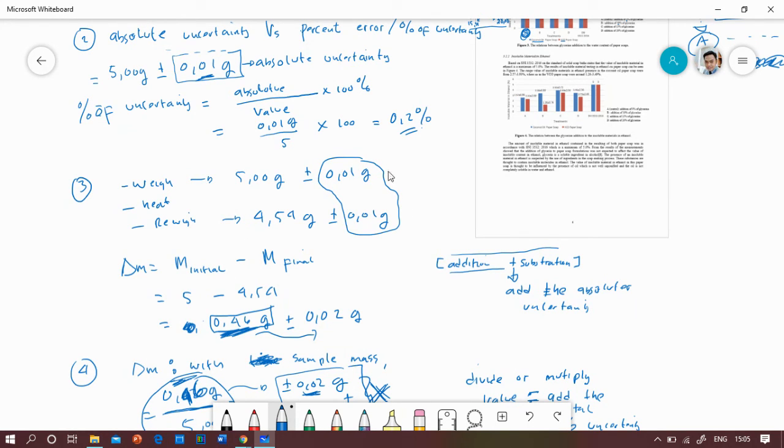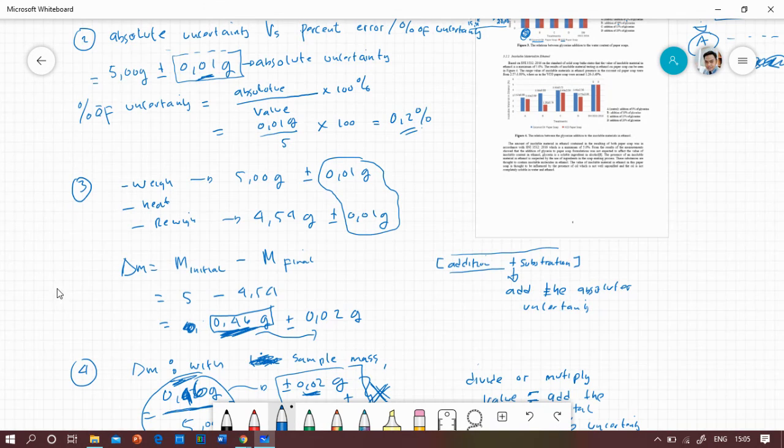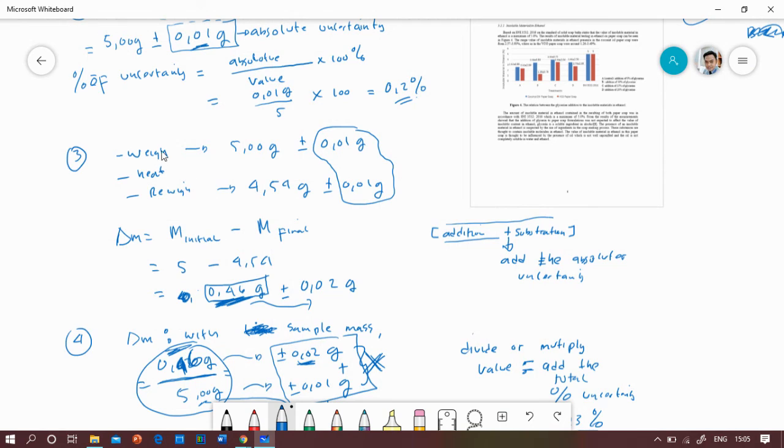The absolute uncertainty is added up. Then in here you can see that I have weight and then heat and reweight, and then initial minus final will be 0.46. The uncertainty will be total of both mass, 0.01 plus 0.01.